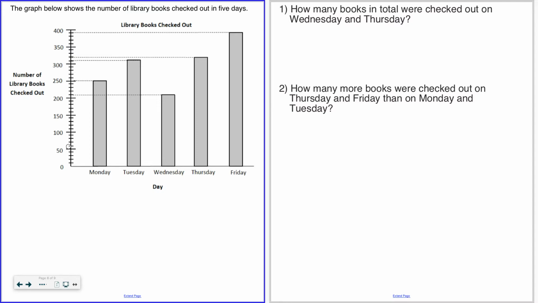So if each long black line is 50, what are each of these little tally lines in between? These smaller lines. Each long mark is 50. What are the little ones in between?